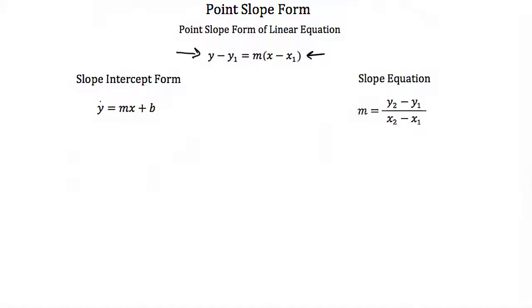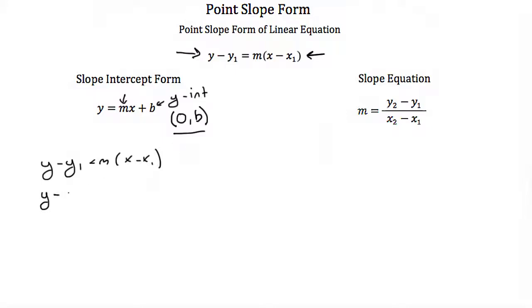For instance, in our slope-intercept form, again, m is our slope, and b is our y-intercept. Now our y-intercept always occurs when x is equal to 0, and then our y-coordinate is just b. Well, if I were to plug this into our point-slope form, we would have y minus y1 equals m times x minus x1, and I plug this point in, we would get y minus b is equal to m times x minus 0.